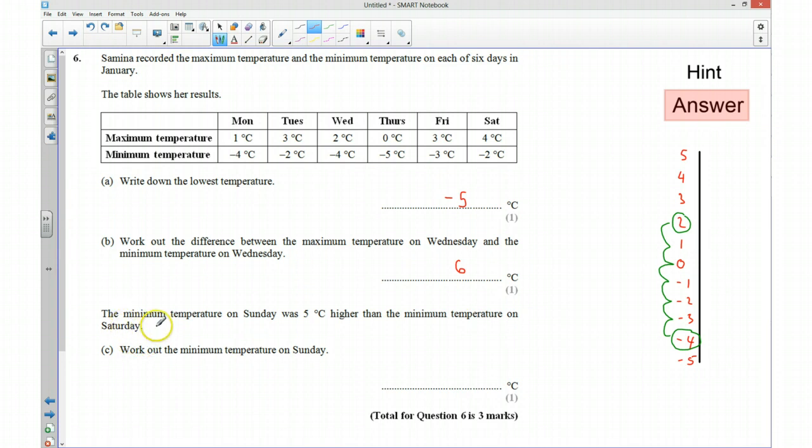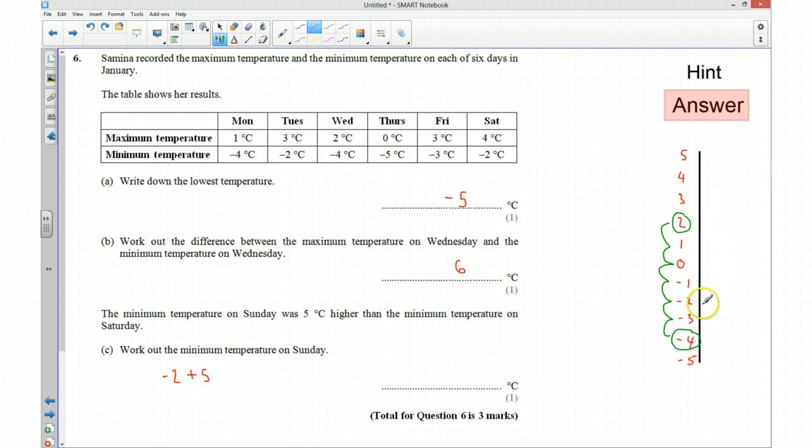Okay, the minimum temperature on Sunday was 5 degrees higher than the minimum temperature on Saturday. So the minimum temperature on Saturday was -2, and we want to go 5 degrees higher than that, so we want to add 5 to that.